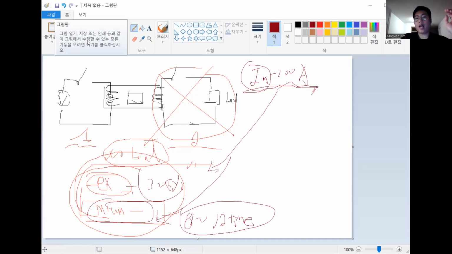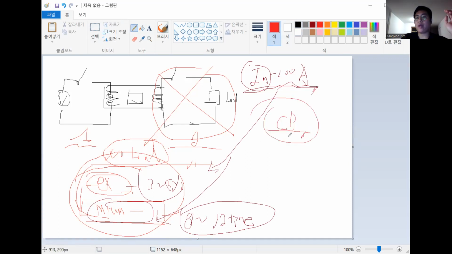If it happens, we have a circuit breaker, but the circuit breaker's main purpose is to protect our power system or equipment. This is not fault current, but it opens the circuit, and we don't want that, that makes a problem, right?